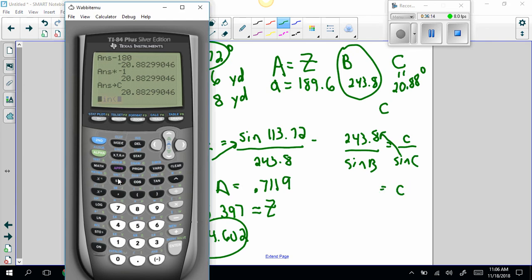So you're going to go sine alpha C times 243.8 divided by sine alpha B, and to get 92407.944. There you go. Did them all.